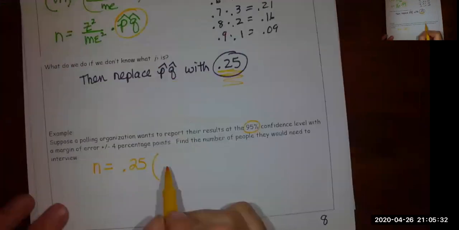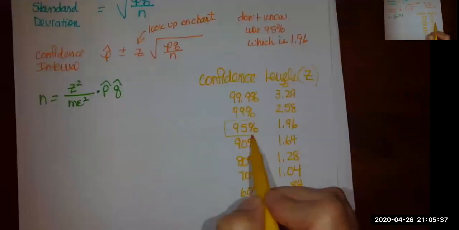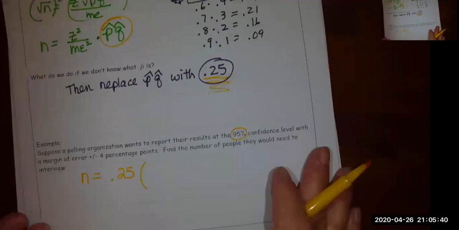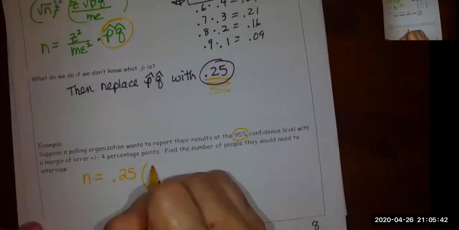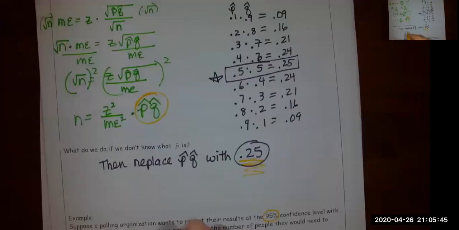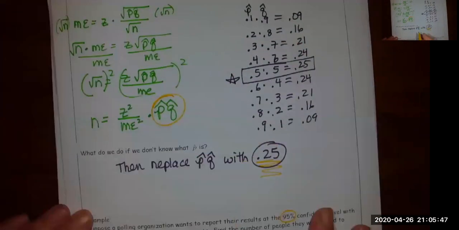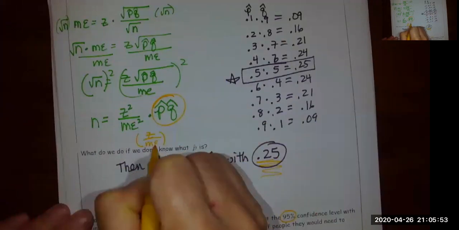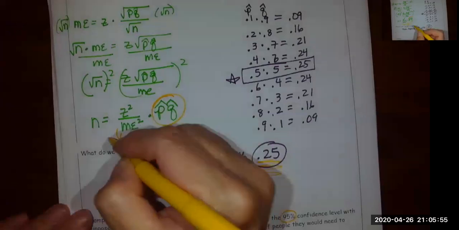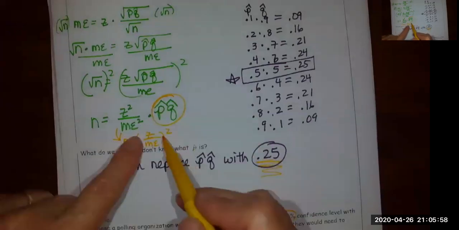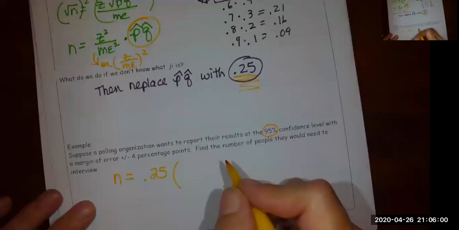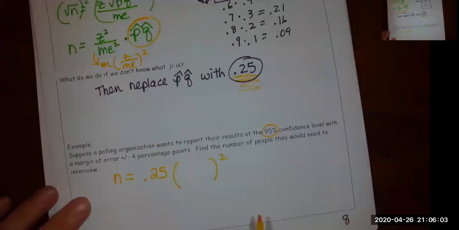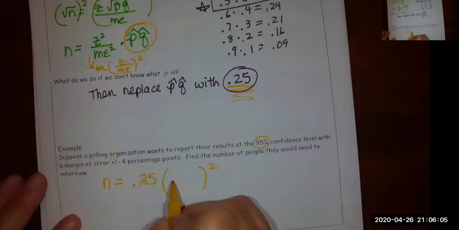Okay, so now I want a 95% confidence level, so that, remember, this is kind of the gold standard. So 1.96, right? And it's Z squared over margin of error squared, another way to say that, right? Either way is correct. You can put parentheses in squared or say squared to each, and I made a big parentheses, so I'm just going to say squared. So that's Z squared, and we know that Z is 1.96.